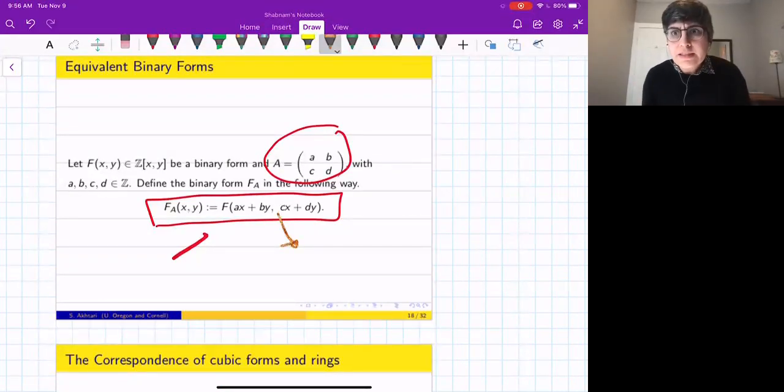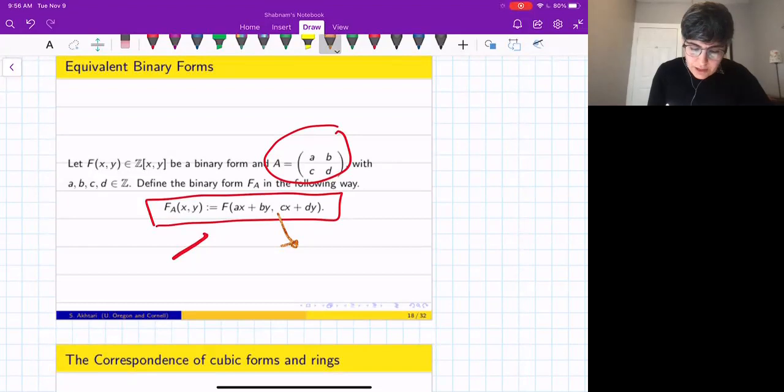And if your matrix is integral, then when it acts on an integral form, you get another one. Now, if the matrix was in GL2(Z), some people like to work with SL2, but for me the fact that the determinant is plus or minus 1 is enough. I want just to have an inverse in Z.